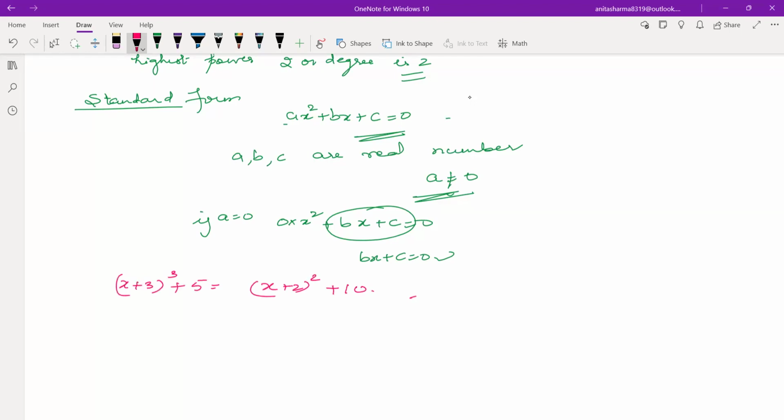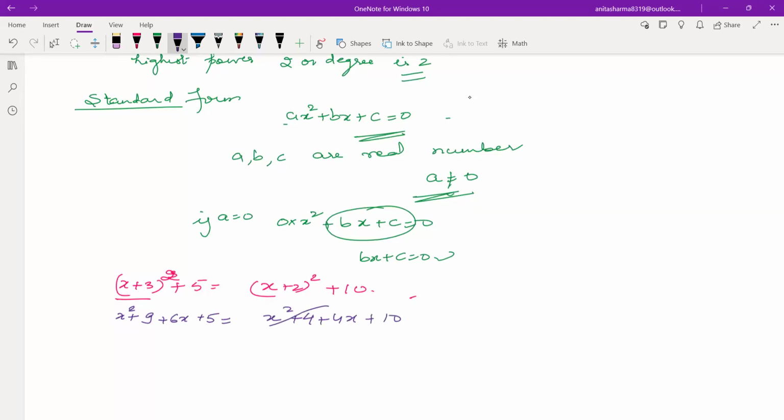First of all, you will open that using the identity. (a plus b) whole square is a square plus b square plus 2ab. Same here we will apply this.